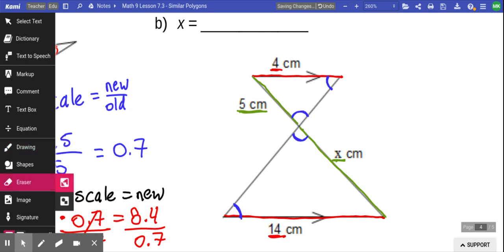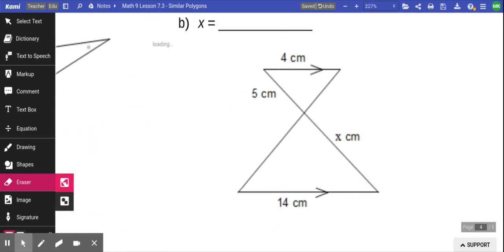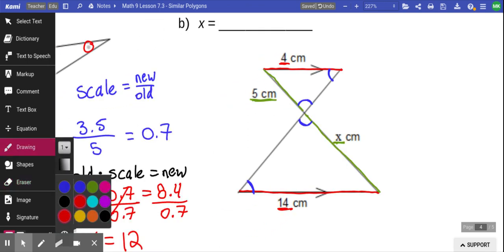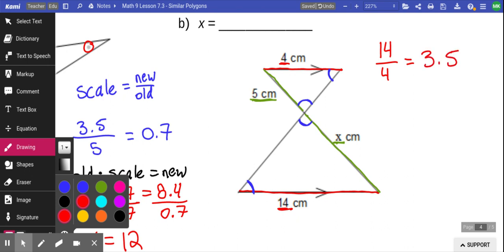Regardless, if you tried this question, you have to find your scale first. I'm going to say I went from the top to the bottom. So my new side would be 14. My old would be 4. If I throw that in my calculator, 14 divided by 4, I get a scale of 3.5.